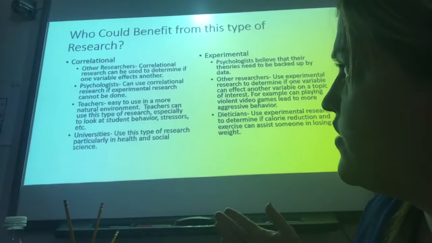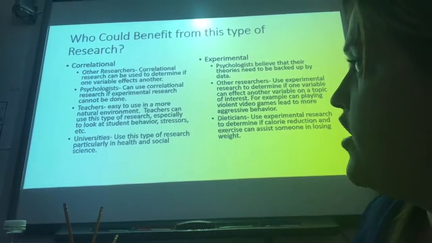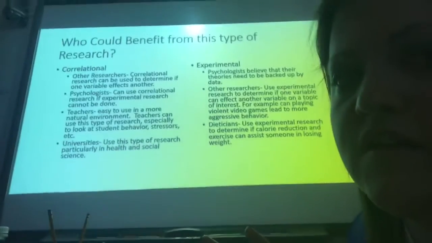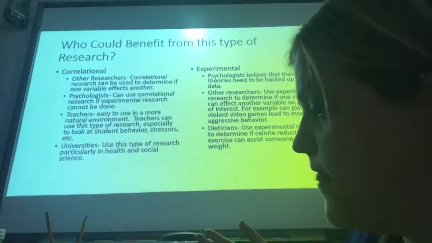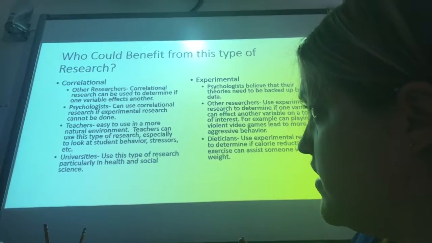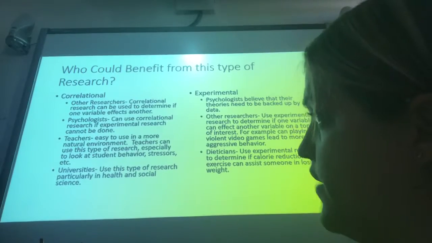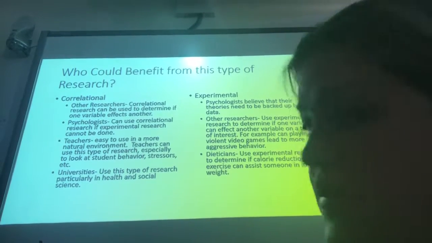Psychologists can use correlational research if experimental research cannot be done. It can help teachers because it's easy to use in a more natural environment. We can use it in our classrooms and see what can help our students versus what's hurting our students. Teachers can use this type of research, especially to look at student behavior, student stressors, etc. And universities use this type of research, particularly in health and social science.